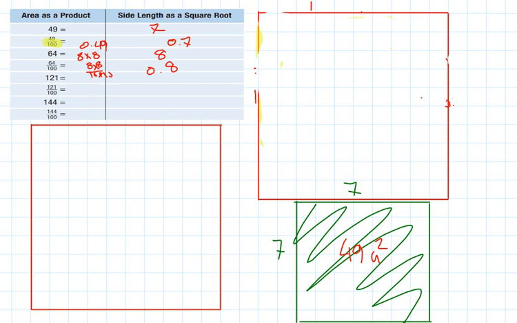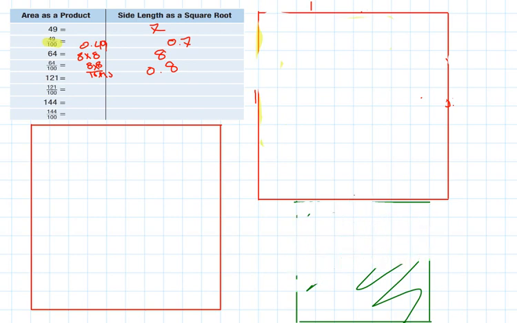Even if you're using the 1 by 1 model, let's look at 121 over 100.